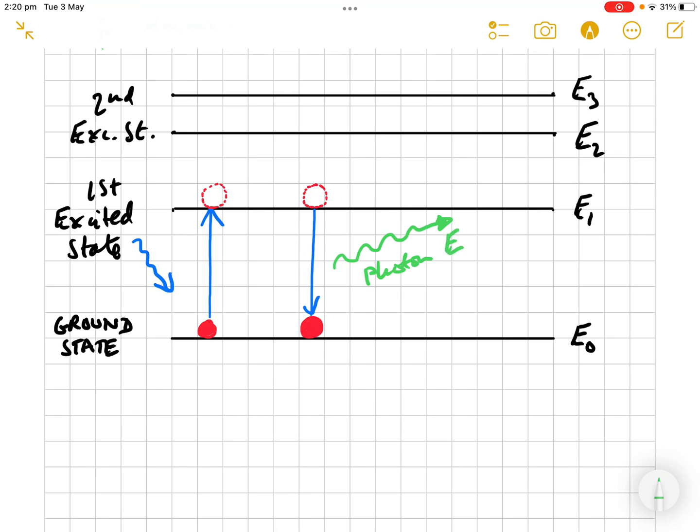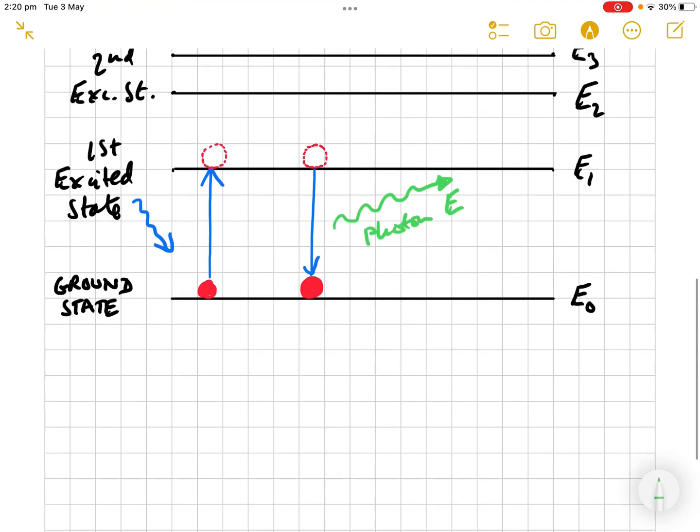And it will have energy E. Now, just going back to the promotion of the original electron, that could happen by absorbing a photon. It can also be excited up to the first excited state by being heated. If you heat the substance, the heat energy can give the electron enough energy to be promoted. It can even happen by placing the gaseous version of the substance in a container and putting a very high voltage across it. That can also excite the electrons up.